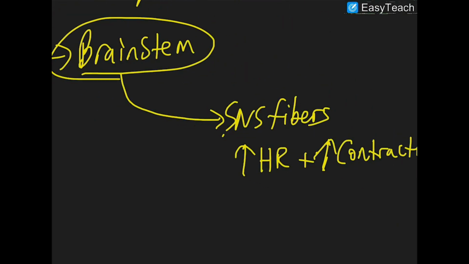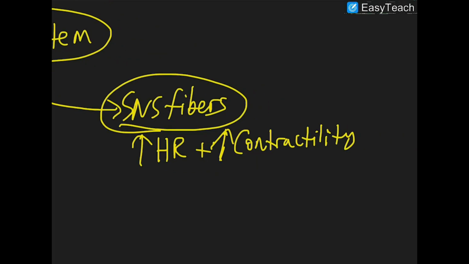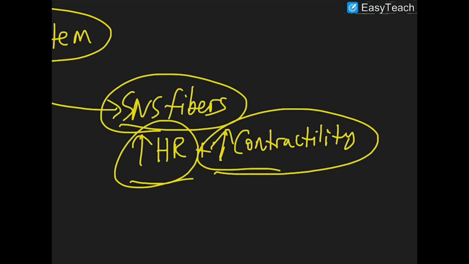So your brainstem will activate the sympathetic fibers that come out of the T1 to T12 portion of your spinal cord. Those sympathetic fibers will go to many places. One of those places will be your heart. It's going to go to the beta adrenergic receptors of your heart, which will increase heart rate, because adrenaline will act on your SA node, and it's going to increase your contractility because adrenaline can bind to your myocardium and increase how hard it contracts. So you're going to increase heart rate, you're going to increase contractility.